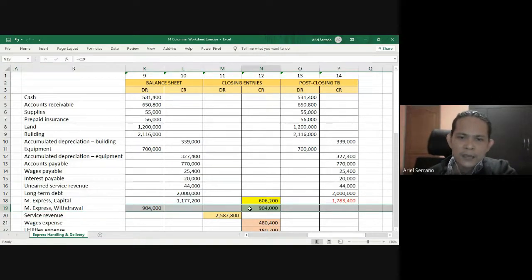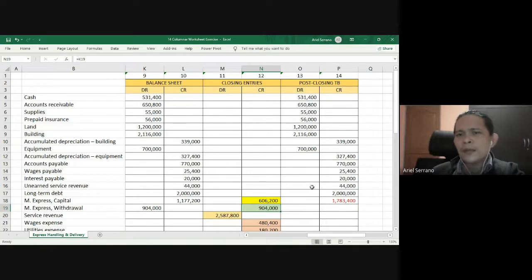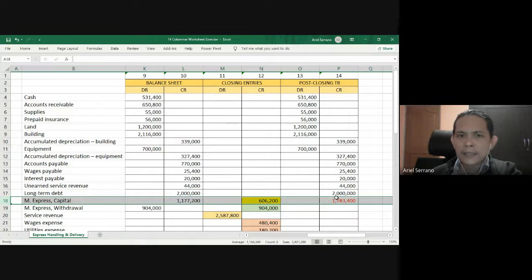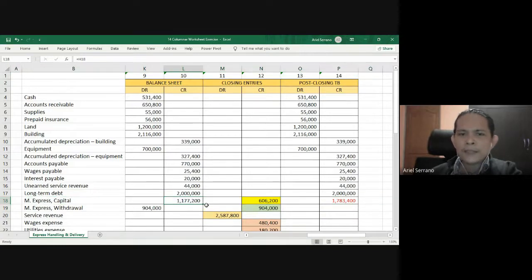Okay, that is why it's not reflected in the post-closing trial balance. Although initially, before the closing entry, there is a balance here, right? But because this is a temporary account, in the post-closing trial balance, it will not be reflected. But take note that the amount here for the M Express Capital is already adjusted. Your initial balance for the balance sheet is 1,177,200.